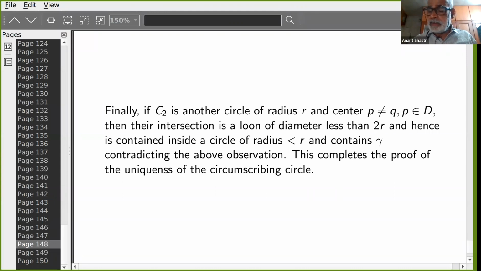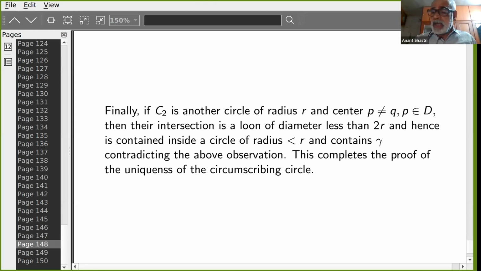Take the chord joining the two points of intersection. That chord will be smaller than the diameter of the circle. If it coincided with the diameter of the circle, the two circles would be the same, right? Because you are taking two circles of the same radius.